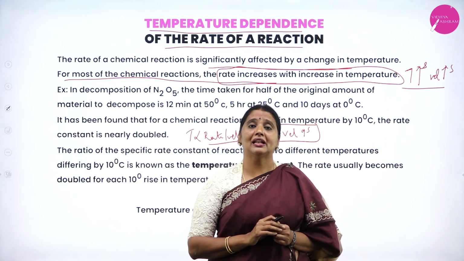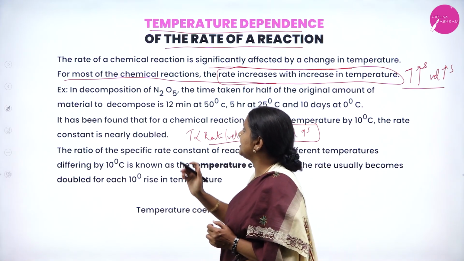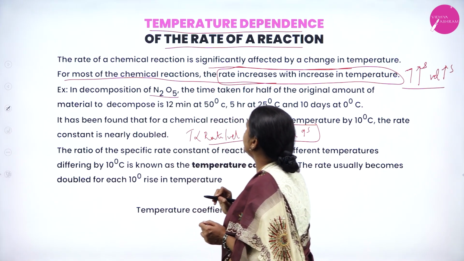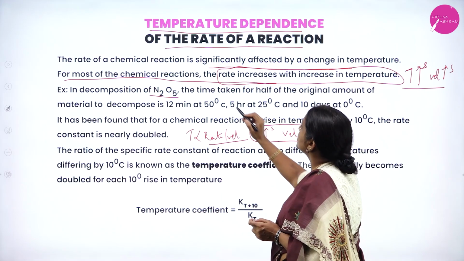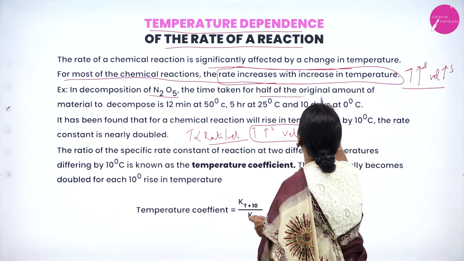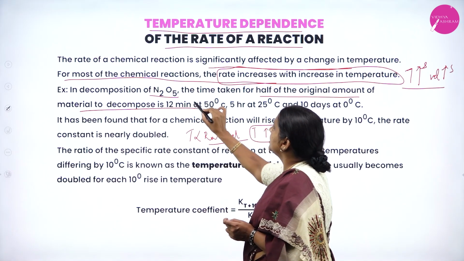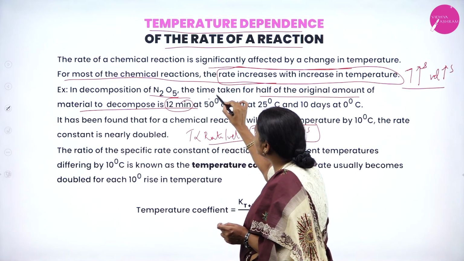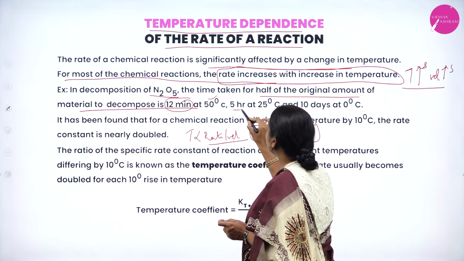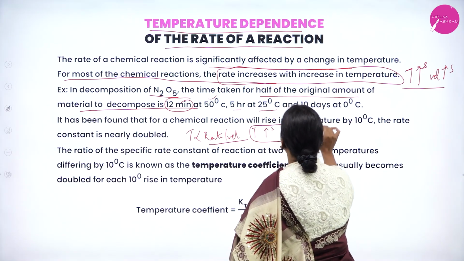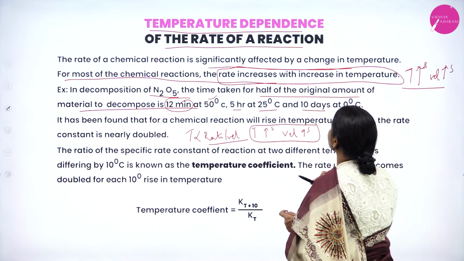For that, I'll give one example. For example, consider the decomposition of nitrogen pentoxide. The time taken for half of the original amount of material to decompose is 12 minutes at 50 degrees centigrade, 5 hours at 25 degrees centigrade, and 10 days at 0 degree centigrade.